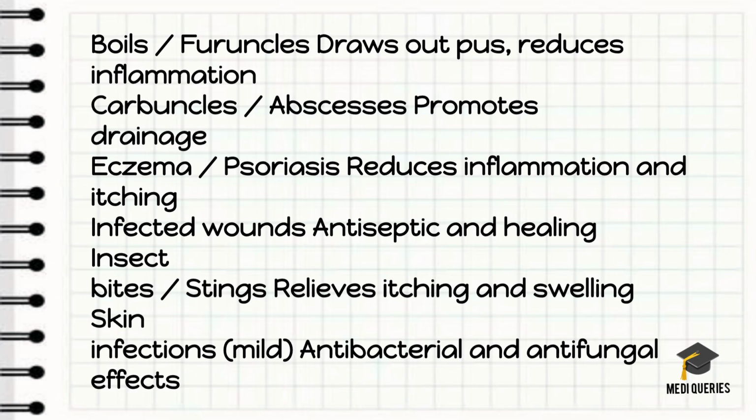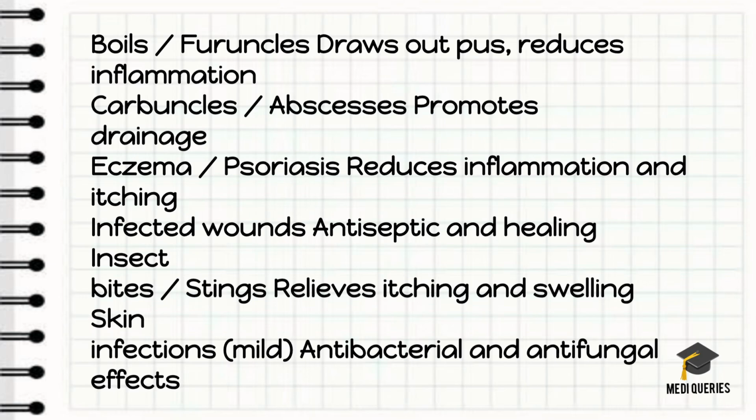It is also useful in insect bites, eczema, psoriasis, dermatitis, and acne, especially where bacterial colonization is suspected. It provides symptomatic relief from itching, burning, and irritation. Because it is soothing and occlusive, it also supports wound healing by keeping the area moist and protected from further contamination.